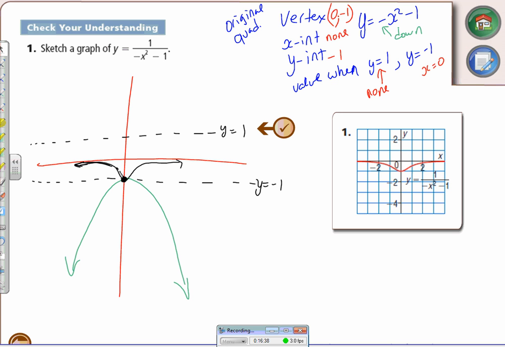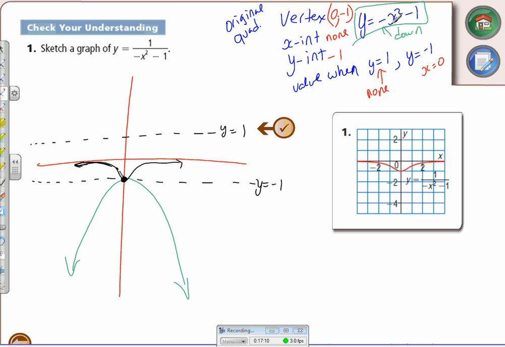Another option for drawing these, and some of you may feel a little bit safer doing so, is to find some points on the original quadratic. Pick an x of -1, x of -2, x of -3. See what you get for the y value. For instance, if you took x of -2, plugging it in, you'd get -2 squared, which is 4.